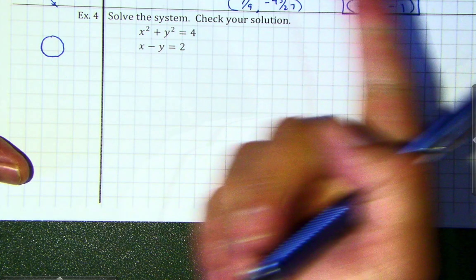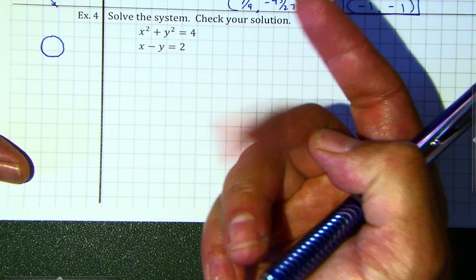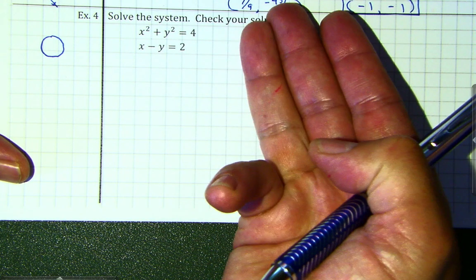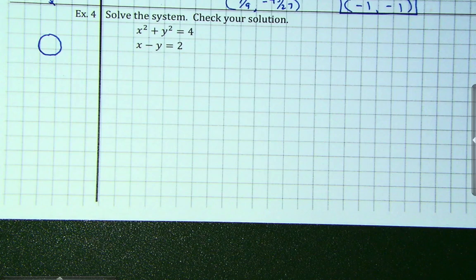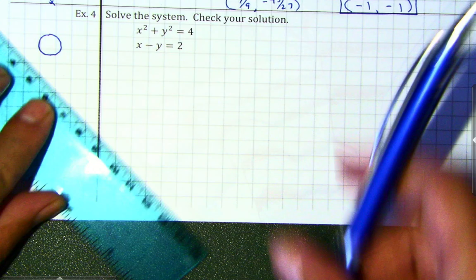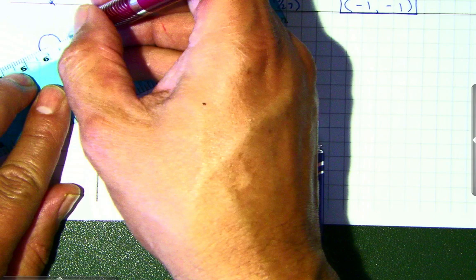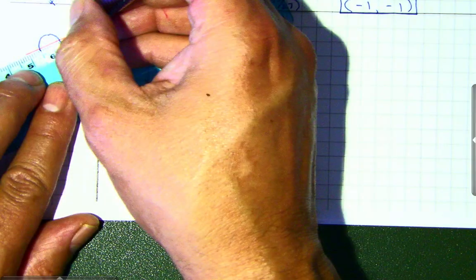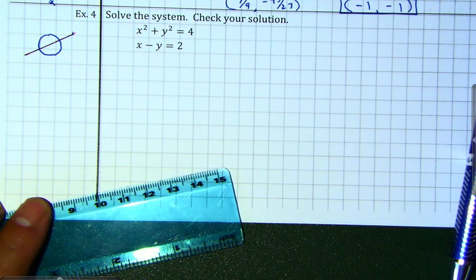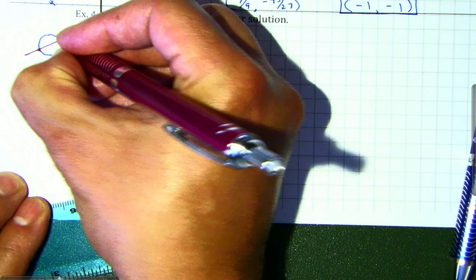So how many solutions can we have? Can we have one solution? Can we have 0 solutions? Can we have 2? Can we have 3? Correct. We can have 0 solutions. Well, let's start with 2 since we started before. Two solutions, if we cross here and here, correct?